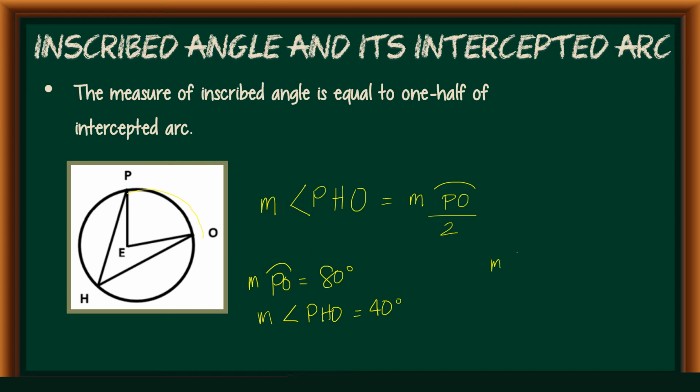Or, if the measure of angle PHO is equal to 50, then the measure of arc PO is 100. How about angle PEO? Central angle? Not really. We cannot say that it is a central angle, unless otherwise stated. So, that's it. The inscribed angle is half of its intercepted arc, and the intercepted arc is double its inscribed angle.